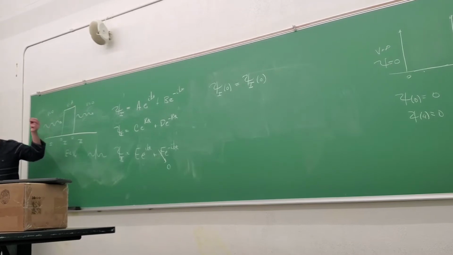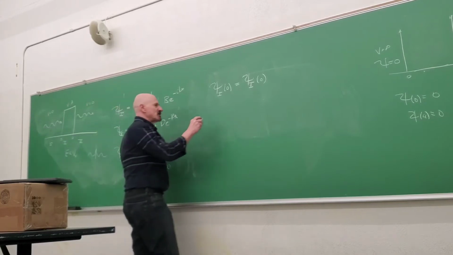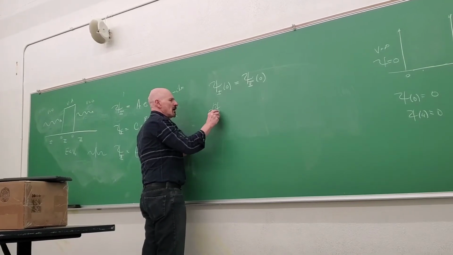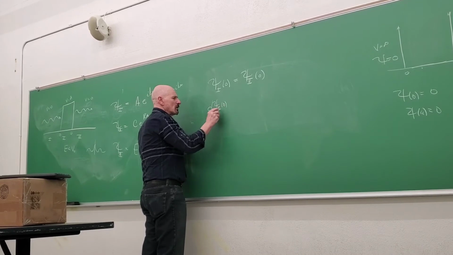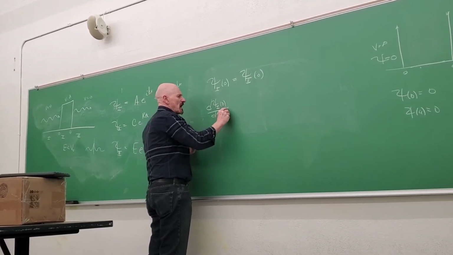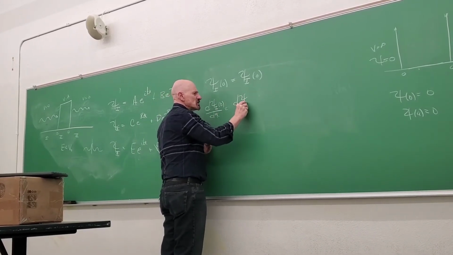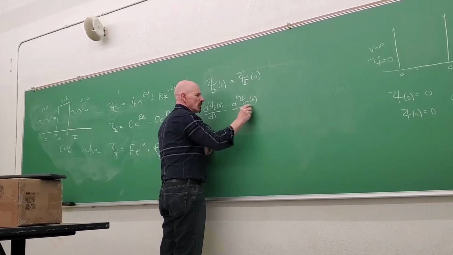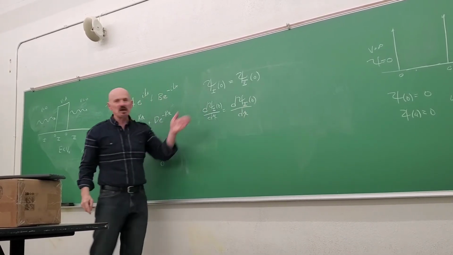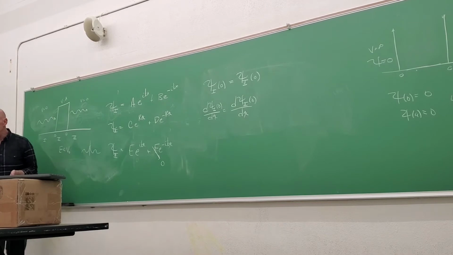Not only does the value have to be the same at this boundary, the slope has to be the same. In other words, the first derivative. So the second condition is that d psi 1 at 0 over dx has to be equal to d psi 2 at 0 over dx. These are the two continuity requirements.